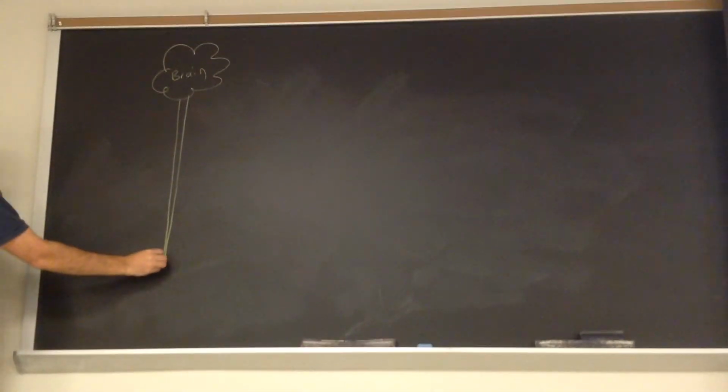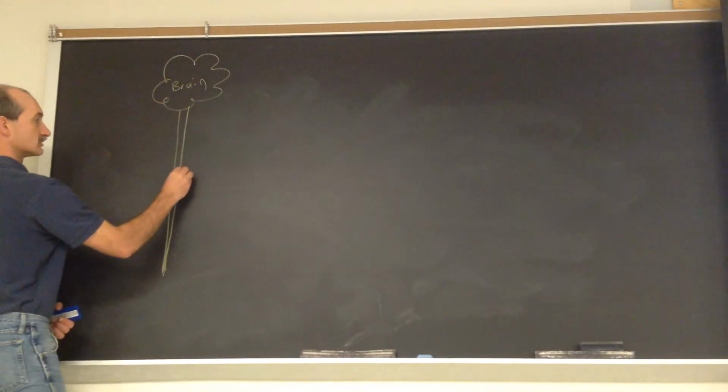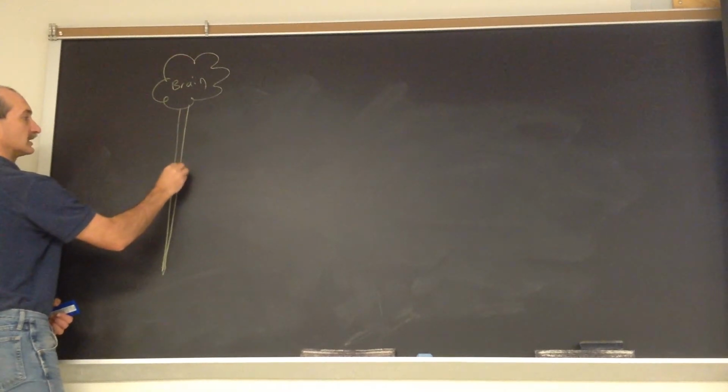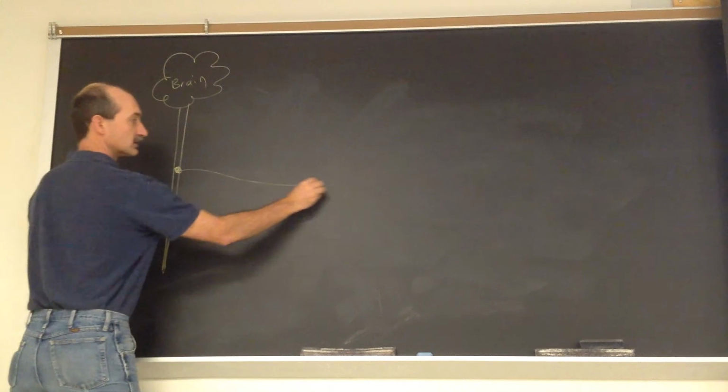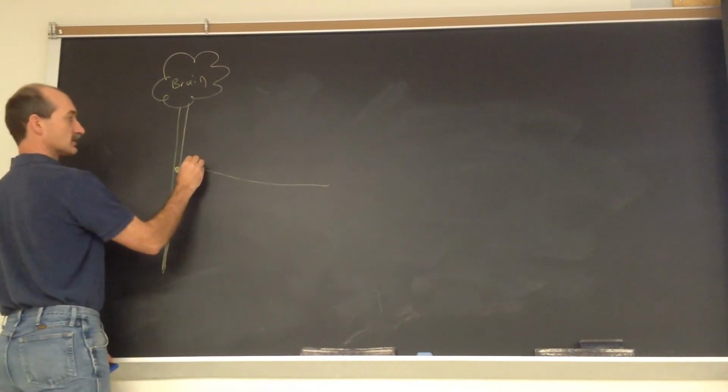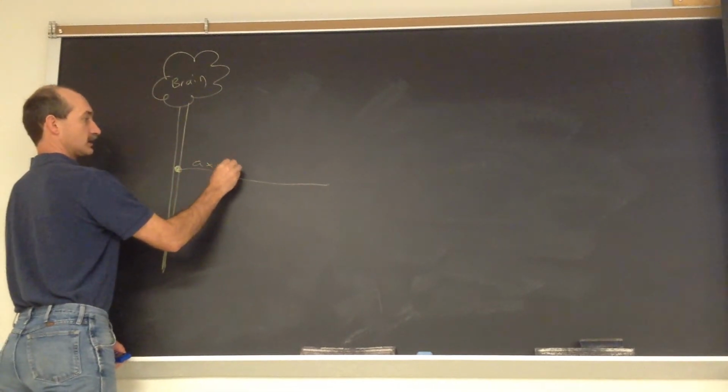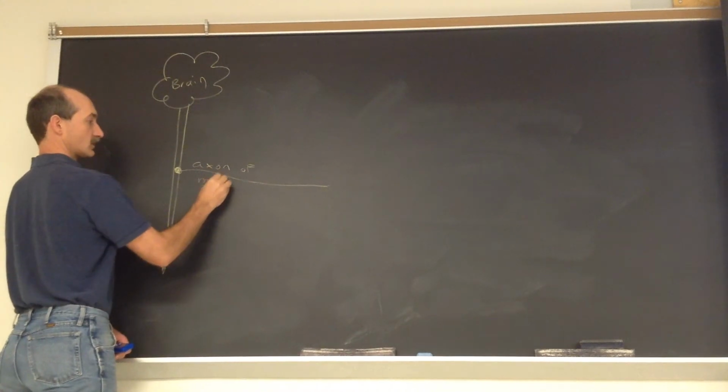Now I'm going to draw a single motor neuron. A motor neuron is one that controls a muscle. Here's the cell body of it with the nucleus down in this area, and it's got this long branch called an axon. So here's our axon of a motor neuron.